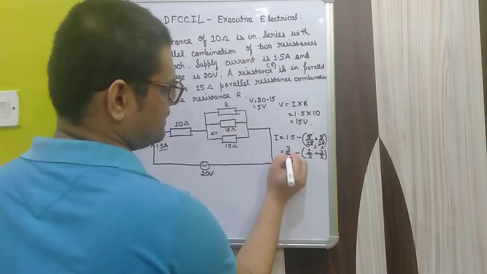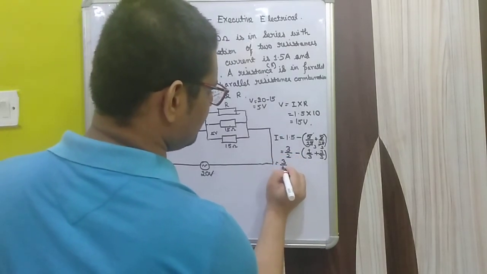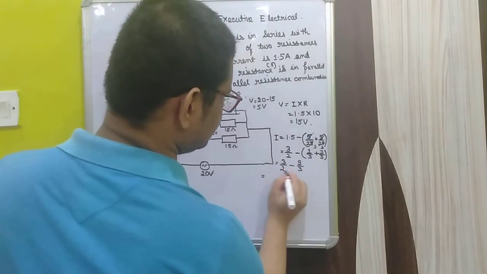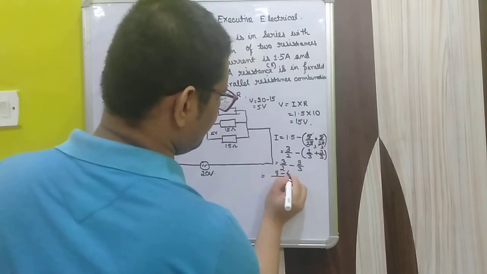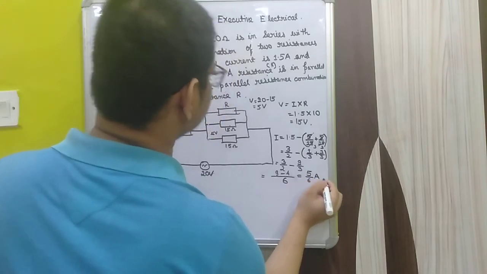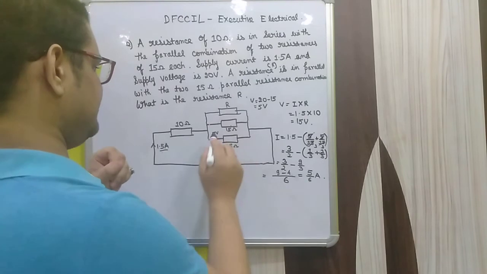I'm really sorry for that. It's 3 by 2. So now we calculate 3 by 2 minus 2 by 3. We take the LCM over here, that is 6, 9 minus 4, that is 5 by 6 ampere.